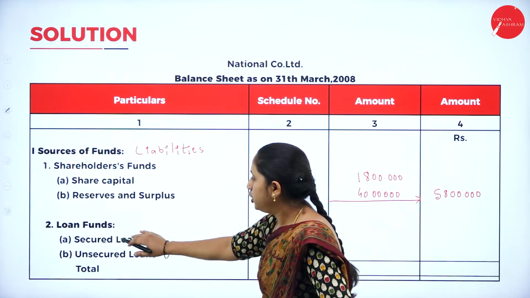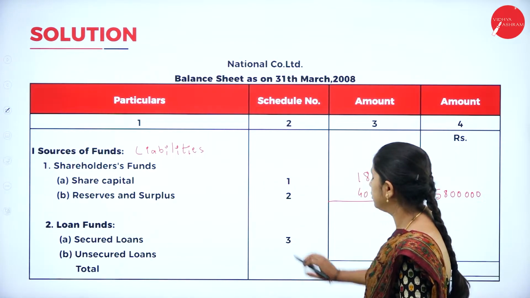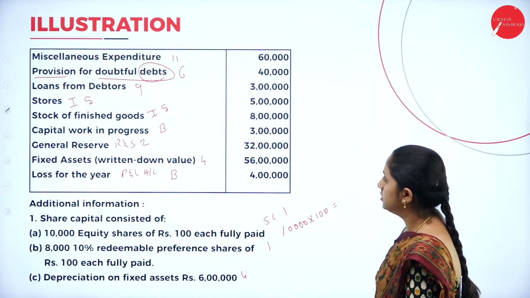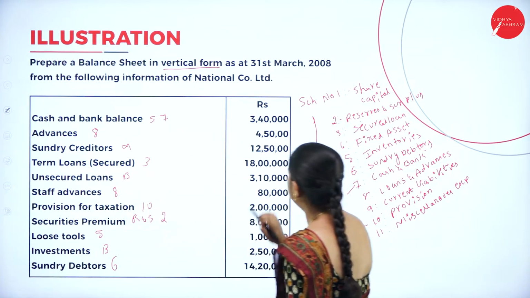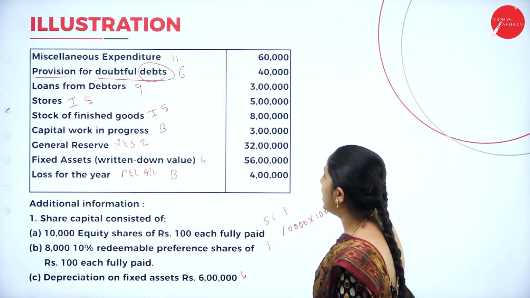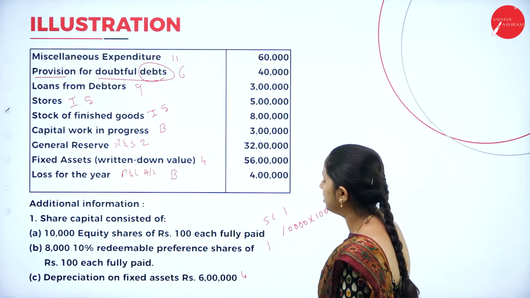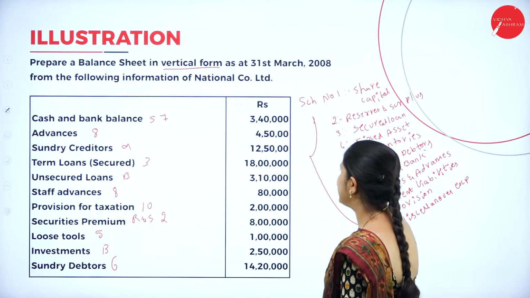Next, second one, loan funds. Under that, first one, secured loan. For secured loan, we need to prepare Schedule 3. So find Schedule number 3. Term loan secured, 18 lakh. So only one item for Schedule 3, that is term loan secured, 18 lakh.